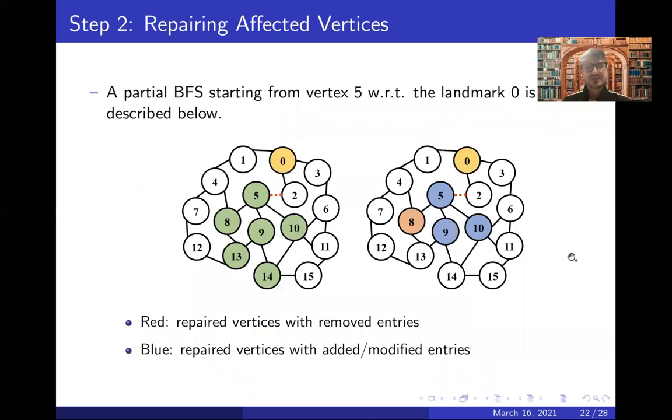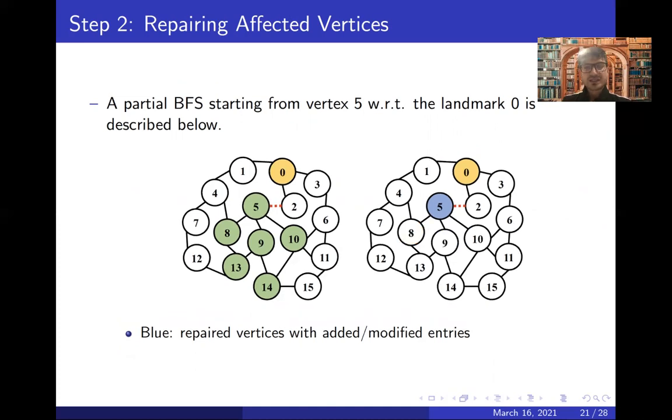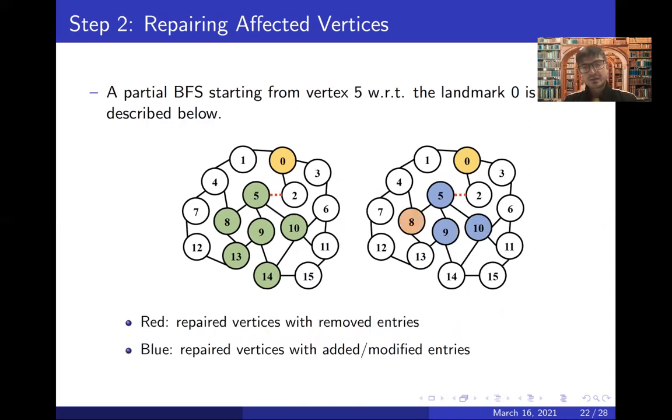Here, the partial BFS from vertex 5 with respect to landmark 0 for repairing the labels of affected vertices is described below. Here we again start from vertex 5. We repair the label of vertex 5, that is, add a distance entry of 0 in the label of 5, and move to 8, 9, and 10, other affected vertices. Here, vertex 8 is covered because landmark 4 is in the shortest path from 8 to 0.